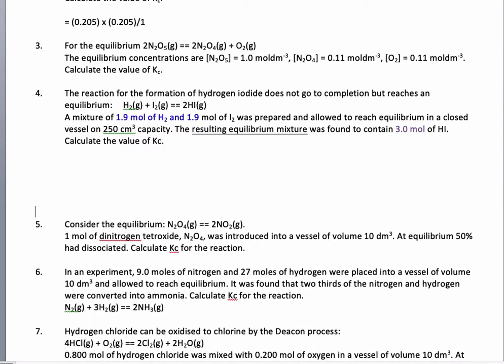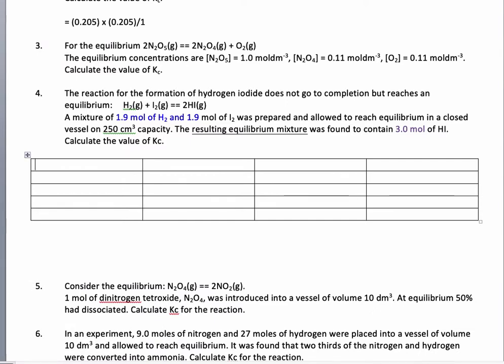So let's put one of them in. So I need a table. So I need to write my equilibrium at the top, and then I need my initial amount, my change, my equilibrium moles, and my equilibrium concentration. So here I've got H2, apologies for not doing my subscripts, I2, and this is my HI.